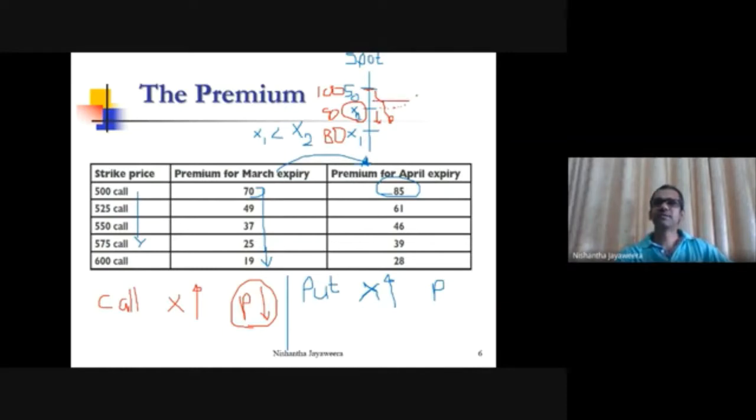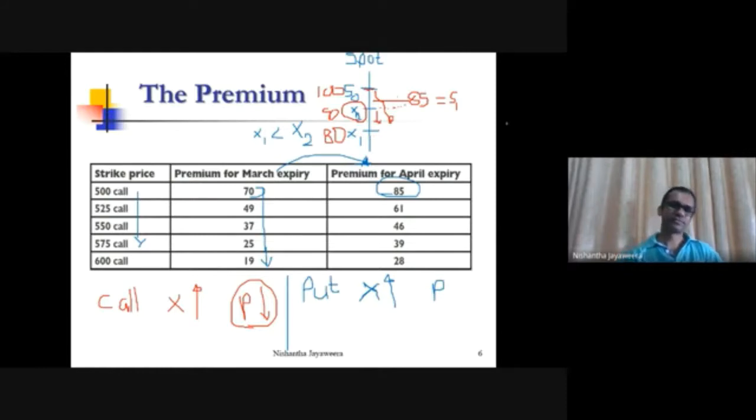If the price is 85, this is the spot price. After 1 month, spot price is S1. 100 is at the time you enter into the put option. After 1 month, spot price is 85.